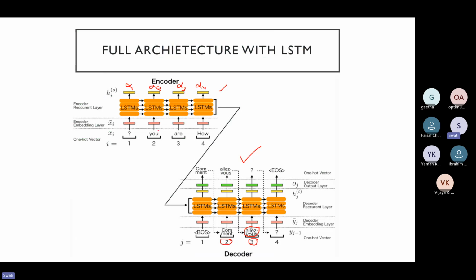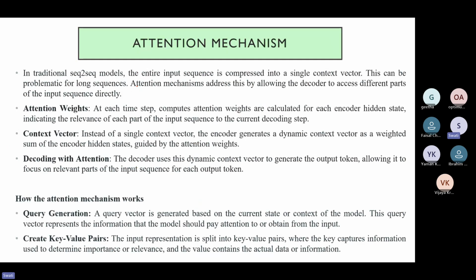So in total, you will have different alphas at each timestamp, and this is the main modification which researchers made.